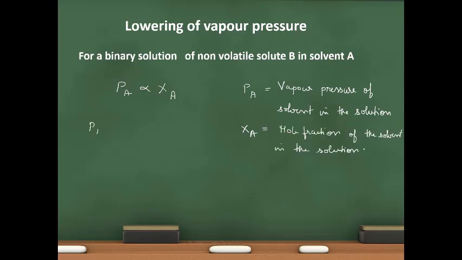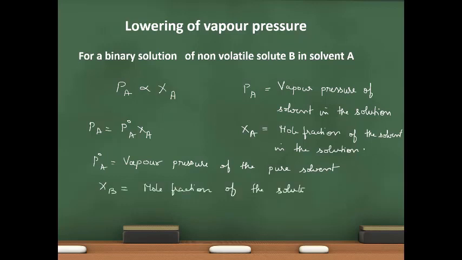So Pa is equal to P naught A Xa, where P naught A is the vapor pressure of the pure solvent. If Xb is the mole fraction of the solute, then we know Xa plus Xb is equal to 1. Therefore, Xa is equal to 1 minus Xb.